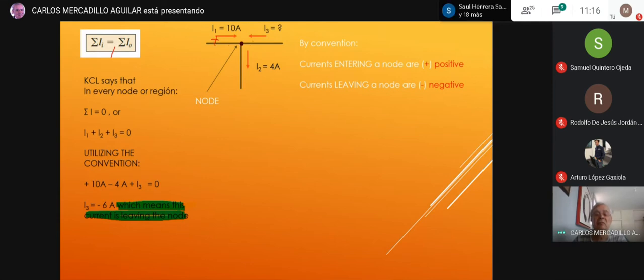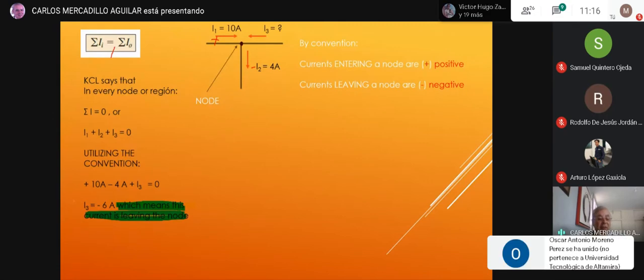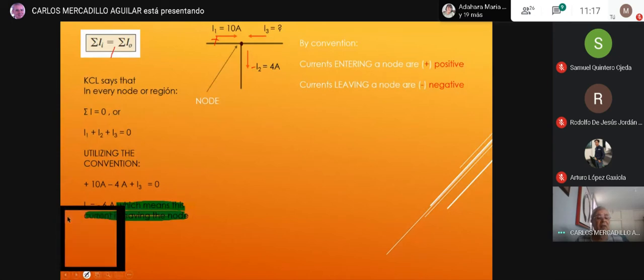I3, we don't know, I put that. But I2 is outgoing, so I put here a minus sign. Okay? So I go to the equation and put it here. It's already done. Go to this equation: I1 plus I2 plus I3 equals 0.